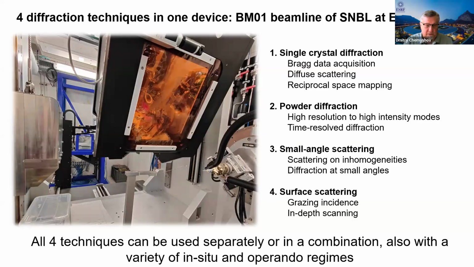We have two detectors, therefore we can also do small angle scattering, or better to say diffraction at small angles, because our flight path is about 3 meters. And we have surface scattering in grazing conditions or in depth scattering.